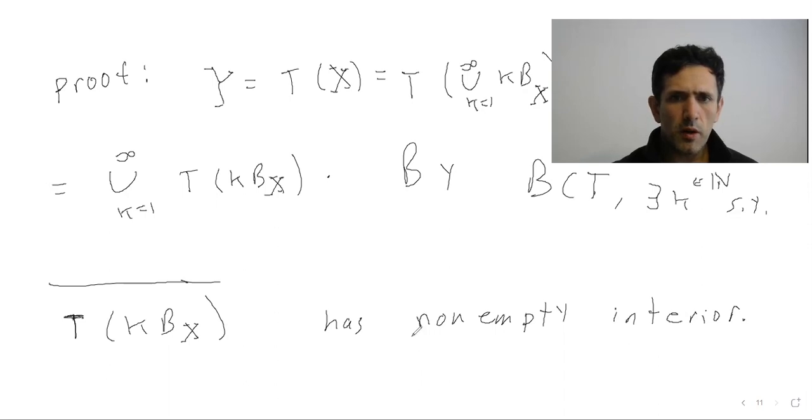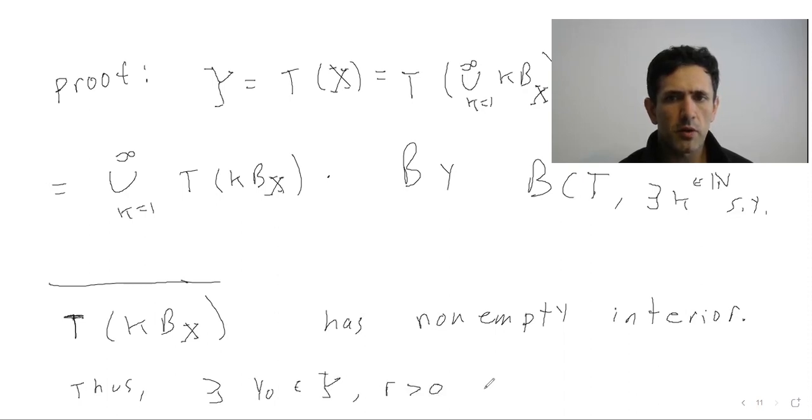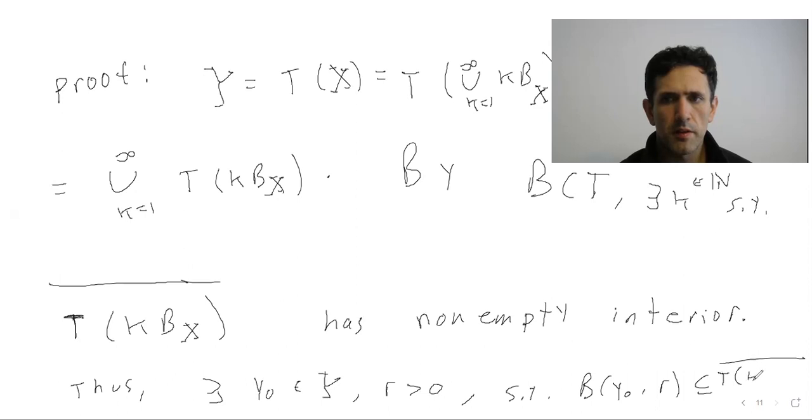So there exists a ball with center y0, lack of anything better to call it, radius r bigger than 0. For this ball, center y0, radius r, is a subset of this closure here.